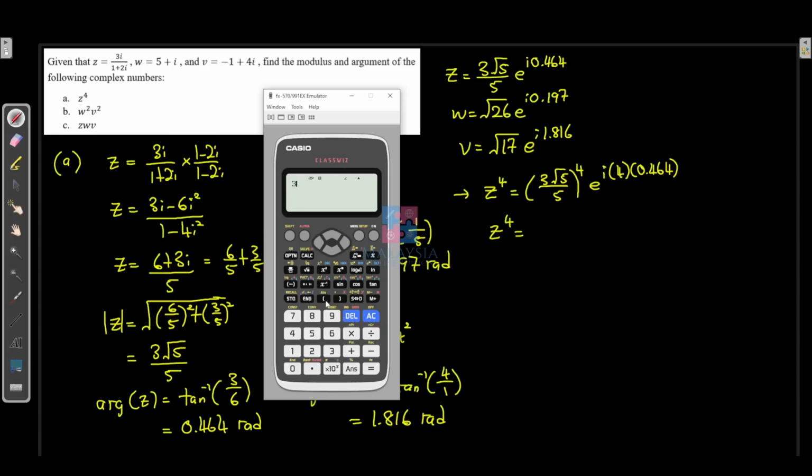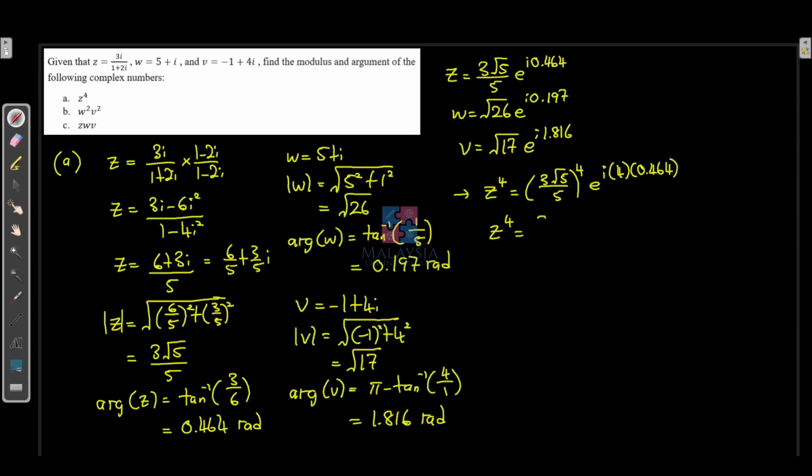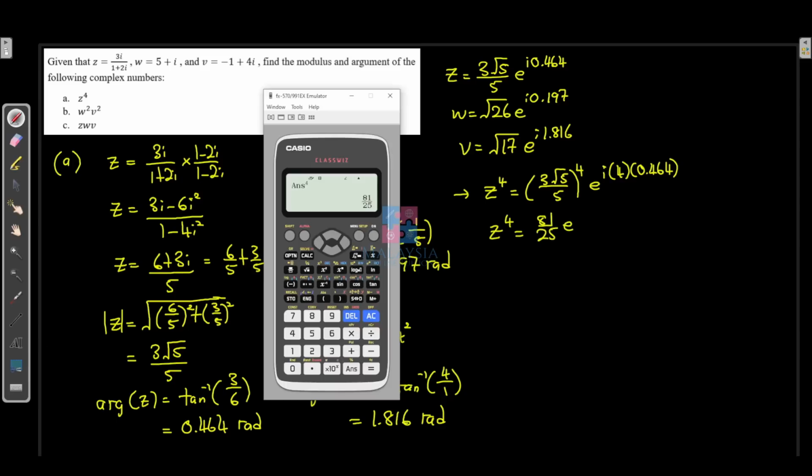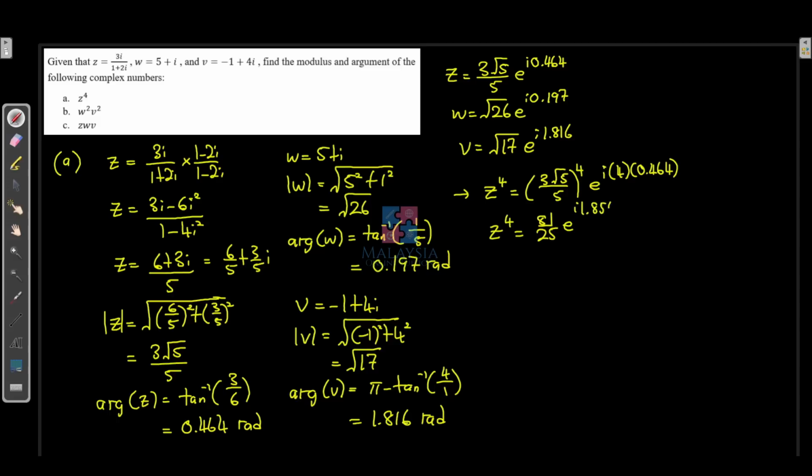So 3√5/5 to the power of 4 gives 81 over 25, and then 4 times 0.464 gives 1.856. So e^(i1.856). Done.